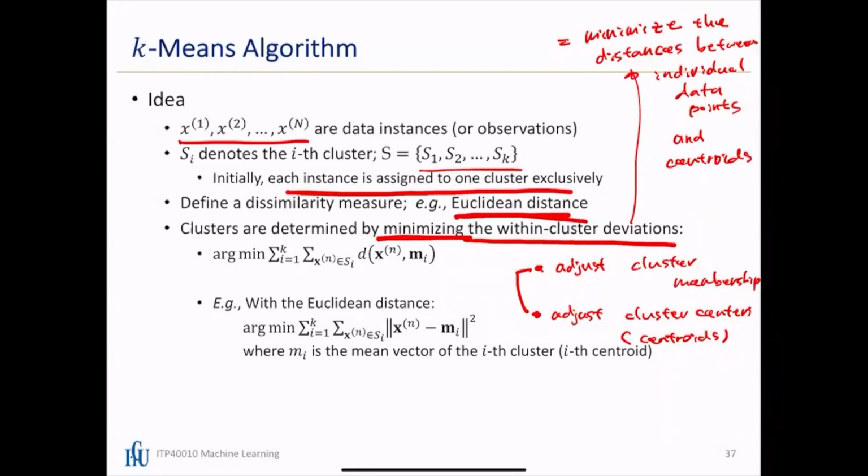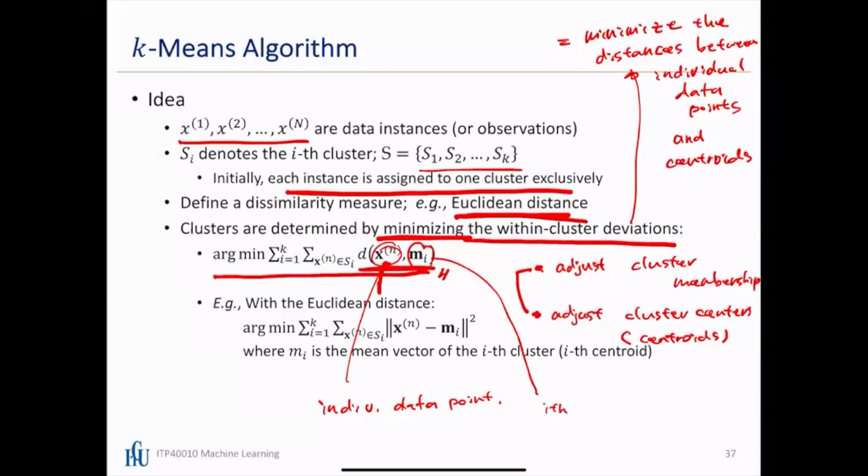What I just described is summarized in this simple notation. We want to minimize the distance between individual data points and m_i over here, which is the ith cluster center. You want to measure the distance between the individual data point and the cluster center, and you want to minimize it.